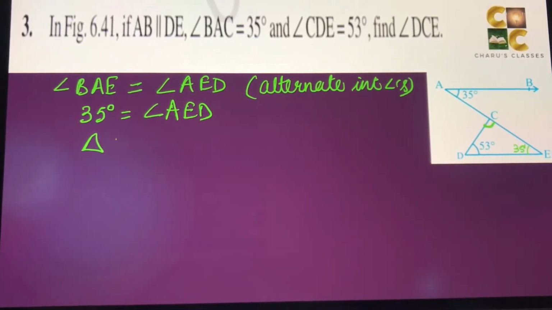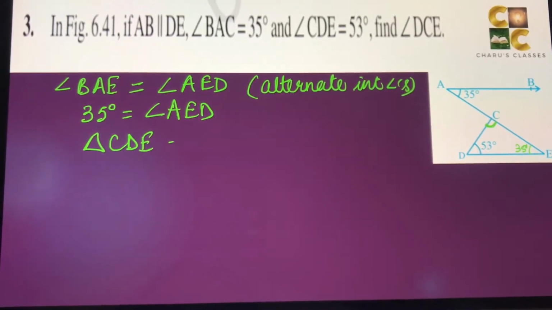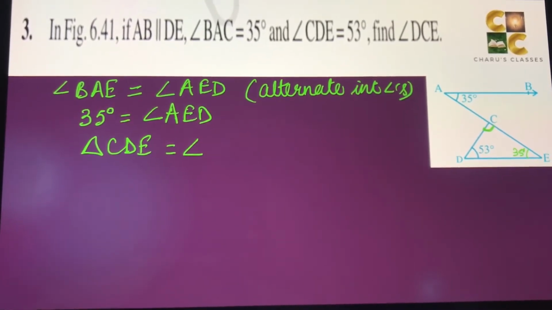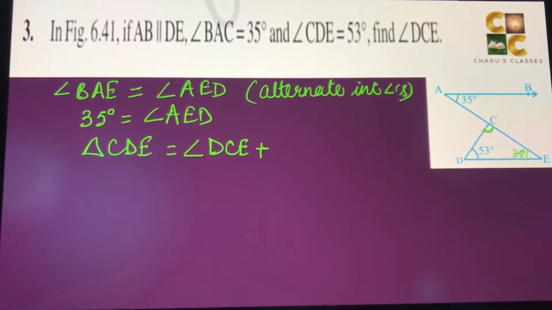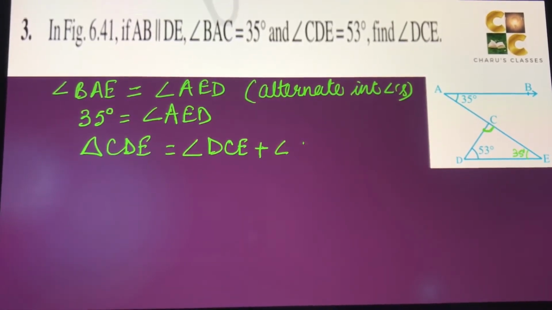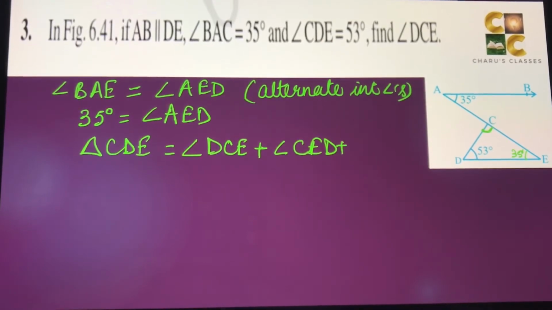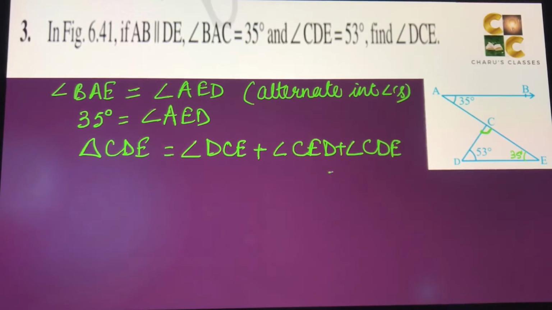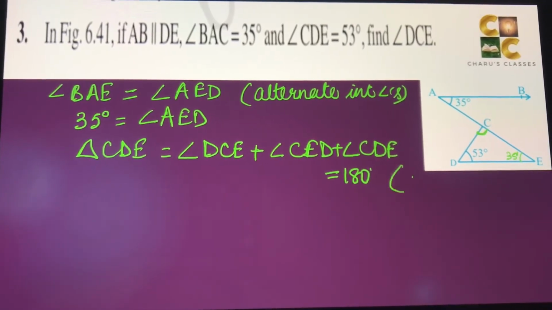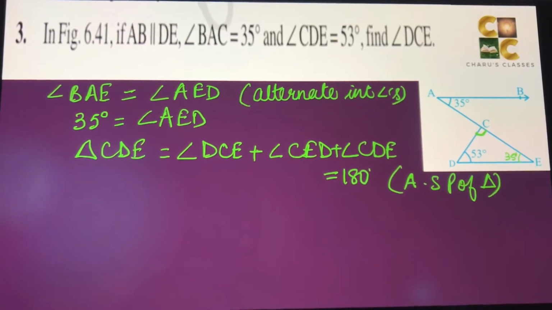Now if we talk of triangle CDE, in that the sum of all angles, that is angle DCE, which we need to find out, plus angle CED plus angle CDE, is equal to 180 degrees because of the angle sum property of triangle.